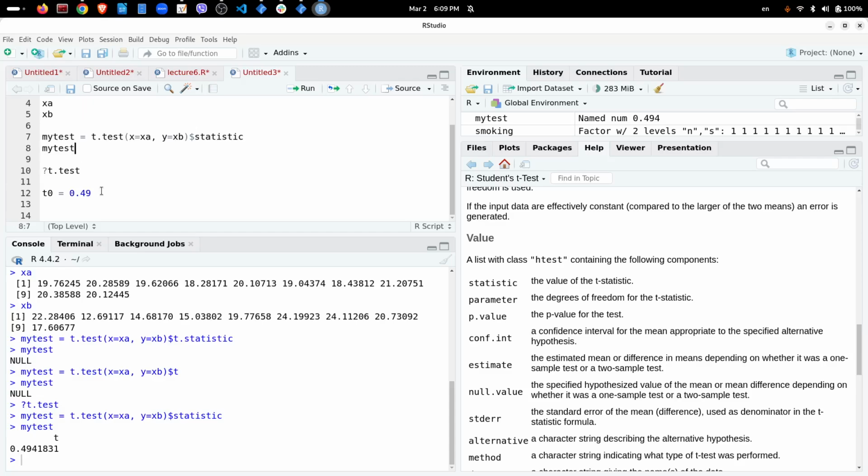Now the p-value associated with that is the following. We need the alternative hypothesis, and this is a greater.